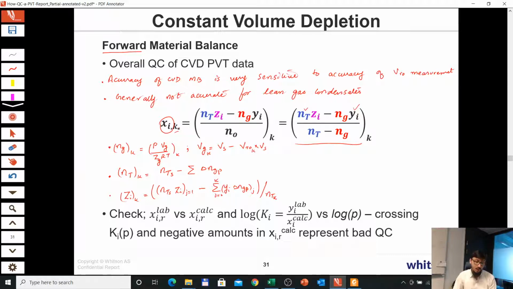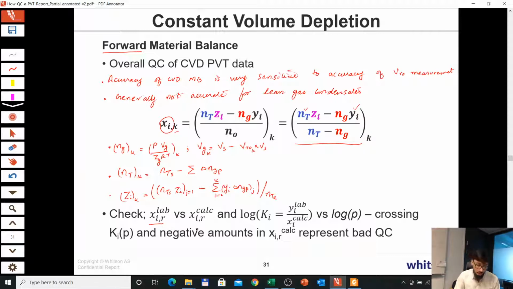Now what we do with this XIK, which is the oil composition at any given pressure stage, is we can check the lab reported XI, which is only reported for the residual pressure stage. And again, if you don't have this data, then you should always ask the lab to give you this composition at the residual pressure stage.